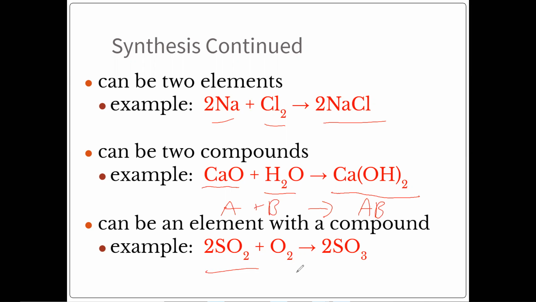In this case, we have SO2 reacting with just plain oxygen, the element, to produce SO3. So again, it doesn't look like a super clean A plus B equals AB situation, but you do have elements of both in that product. So look out for those.